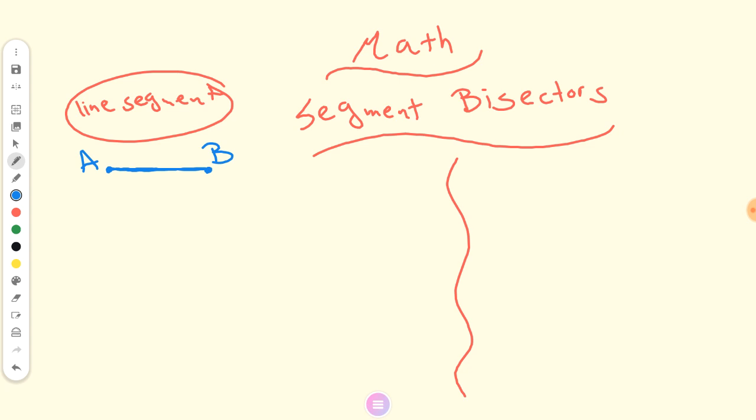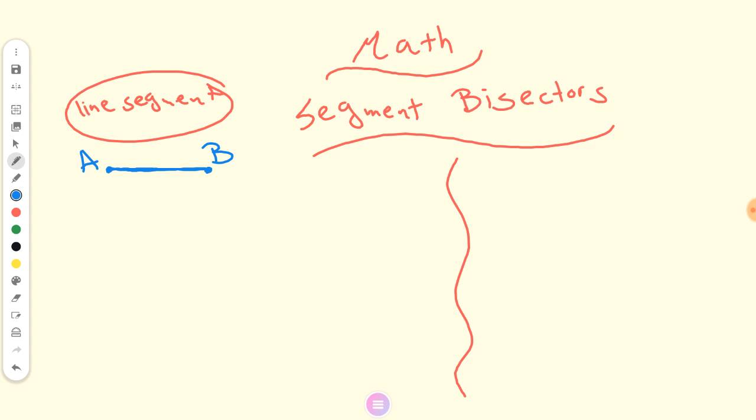The line segment has a starting and ending point, which means I can measure its length. For example, I can bring my ruler to know the length of the line segment AB. For example, it's 10 centimeters.